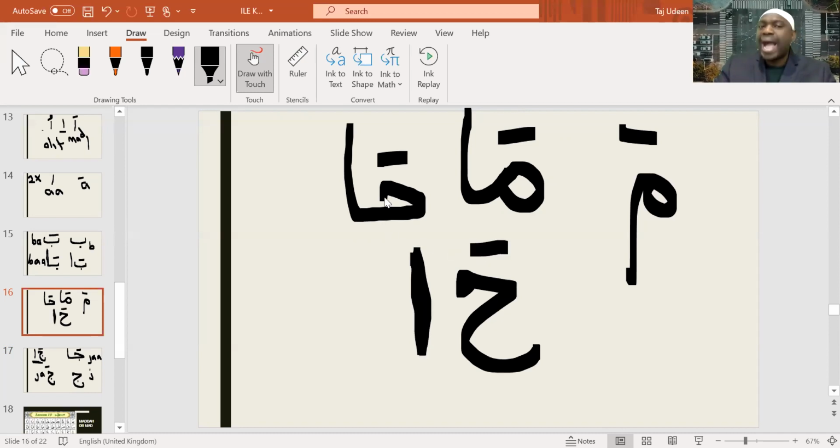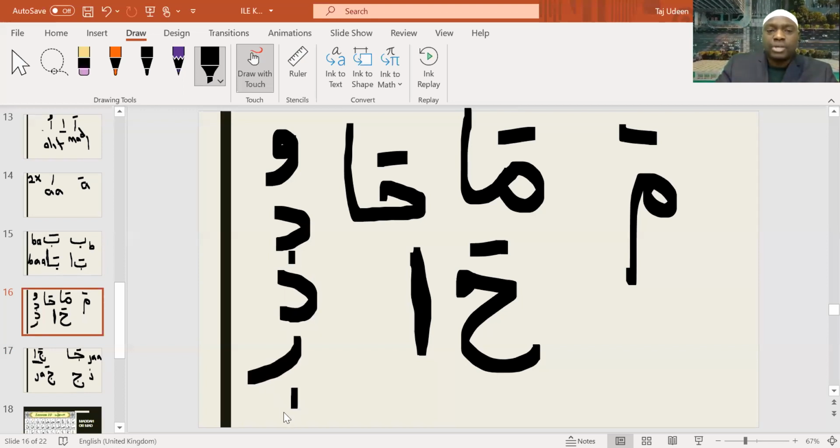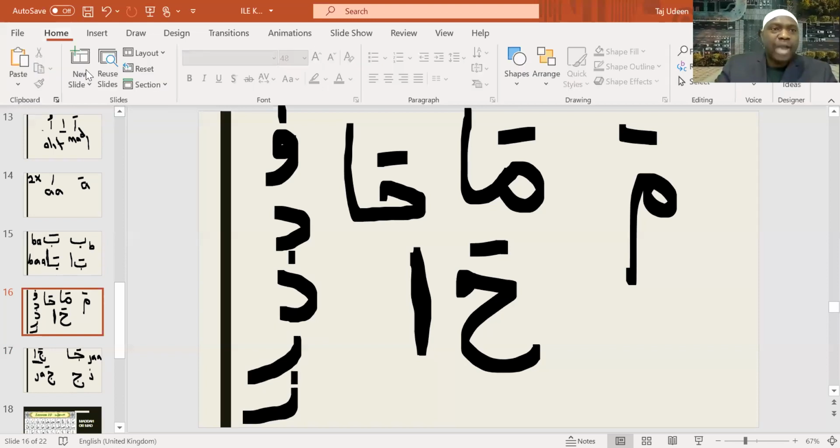So this becomes haa. The letters that you cannot join after are waw, dal, zal, ro, and zain. After them you can't join. I've also alif. You can't join after it, but before it you can join it. Mommies and daddy, I hope I am communicating.